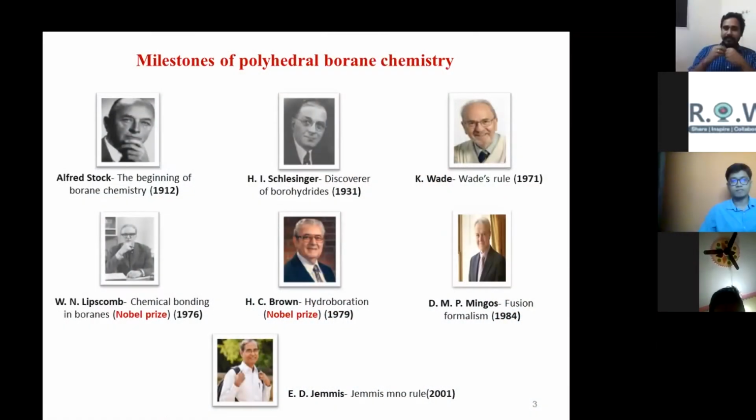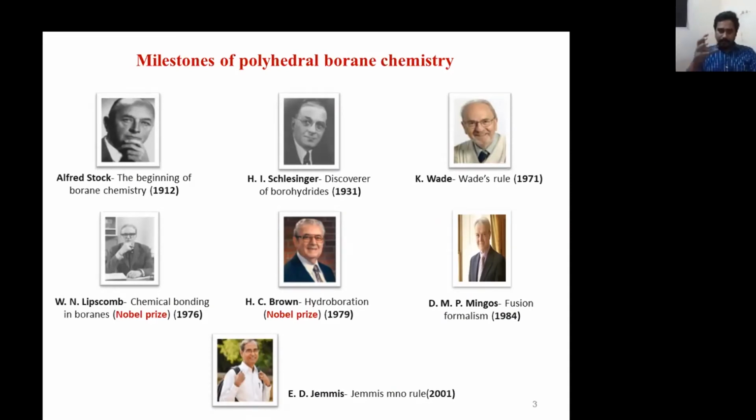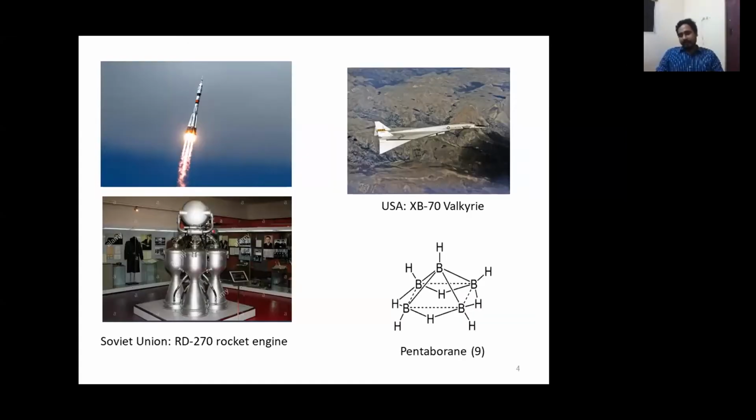H.C. Brown got a Nobel Prize in 1979 because of the development of the hydroboration reaction. I will tell you a little bit elaborately about this hydroboration reaction on my next slides.